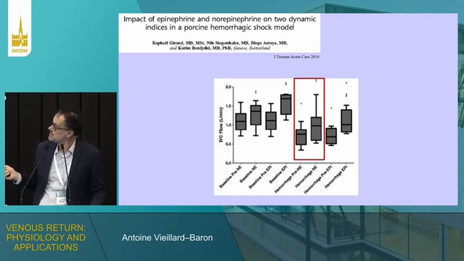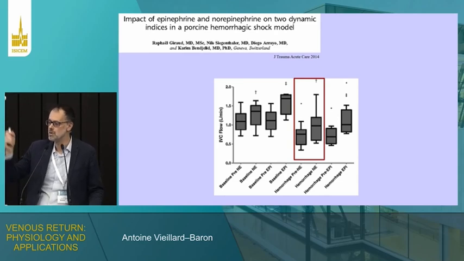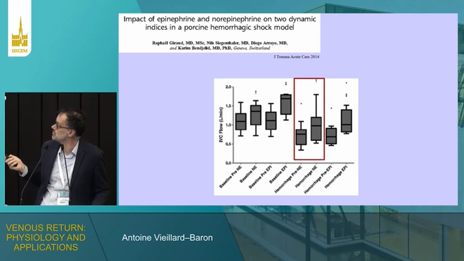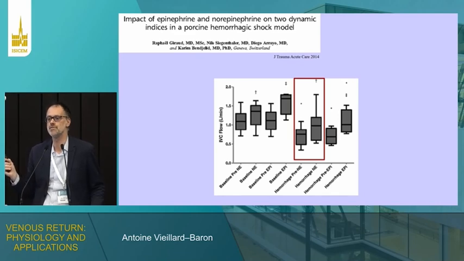And here, this is the IVC flow by ultrasonography, just to look at the flow passing through the IVC, so the systemic venous return. Just look here at the hemorrhage before norepinephrine, and just by infusing norepinephrine, the flow coming through the IVC was increased. So just by infusing norepinephrine, they increased the systemic venous return.